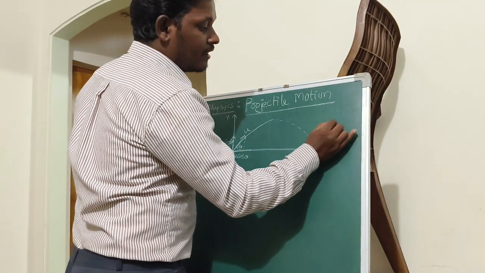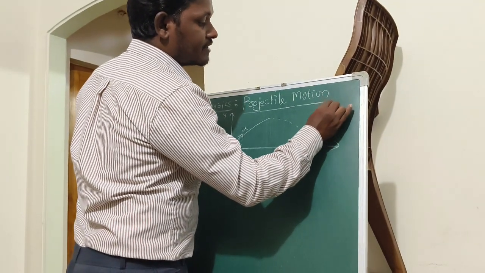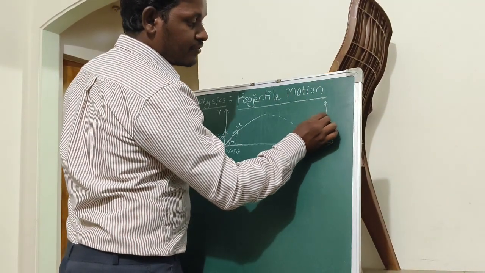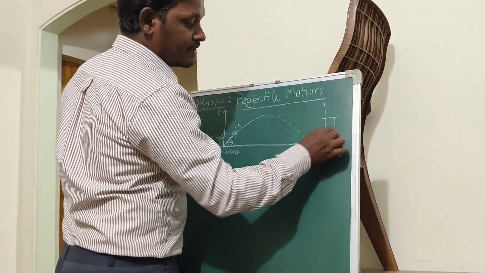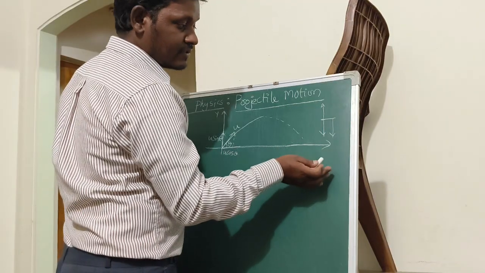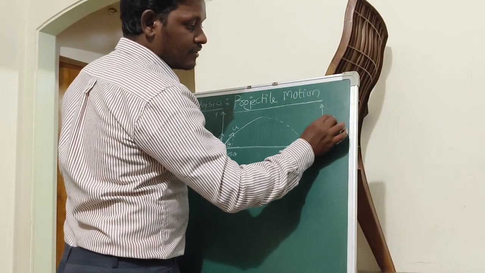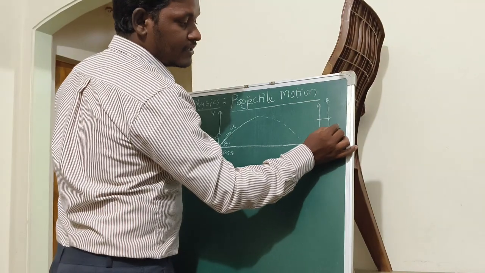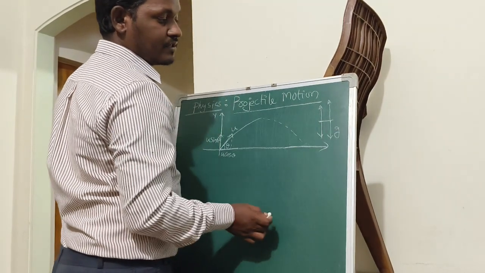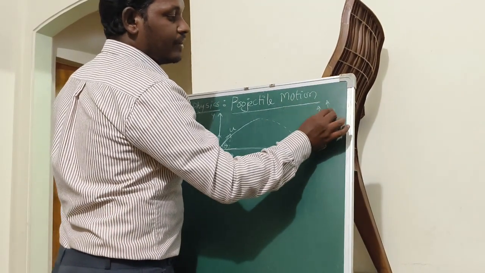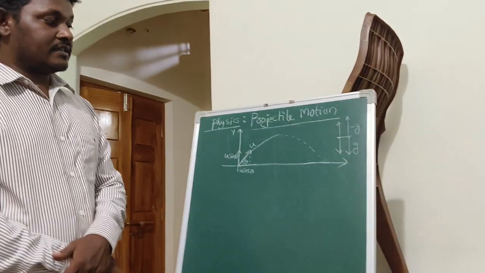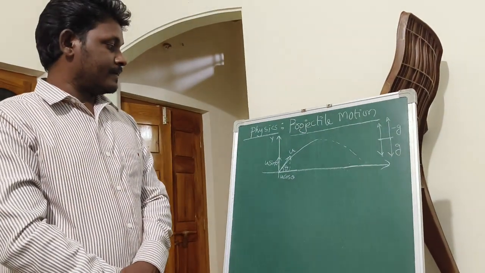The gravitational force is always downward, so acceleration is also in this direction. Take g as positive downward, and upward as minus g.